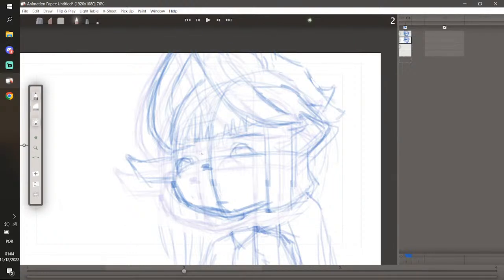I know we went over head turns in the previous class, but I guess just filling in, because if you have a character model sheet with a few different poses or angles of the head, is there anything in particular you do when you're creating the head poses in between?